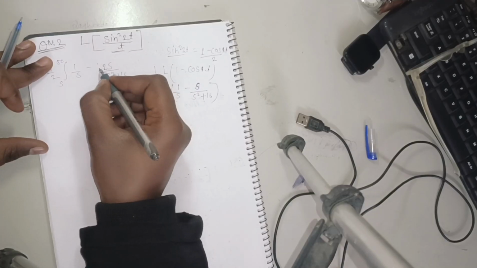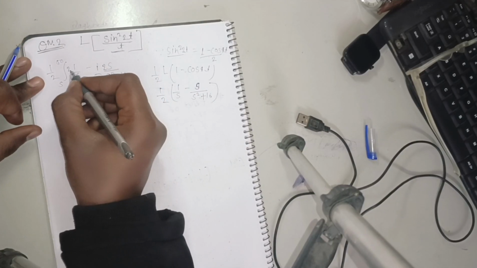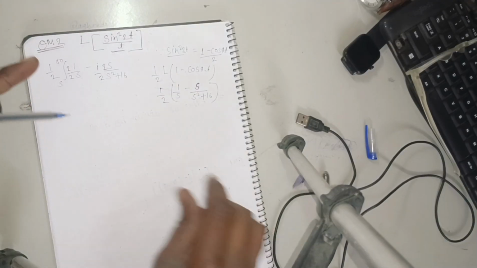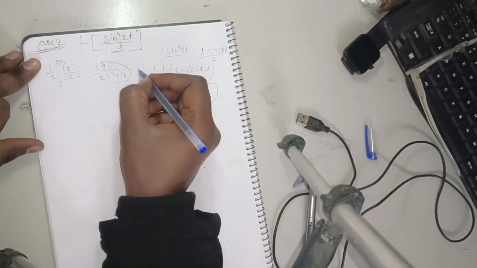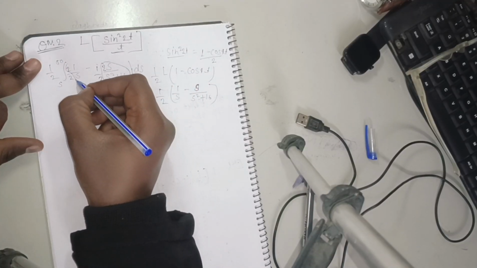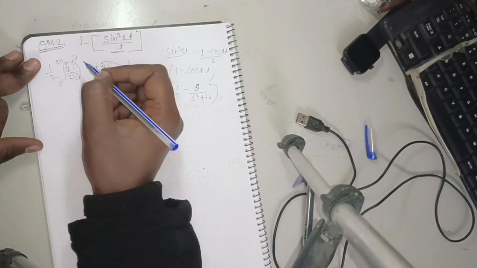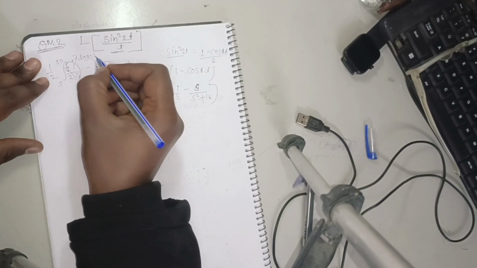So 2 upon 2, again I have balanced it, and 2 upon 2 also here. So here, now integration will be ds, also I have to write. So this and this integration will be log s square, right?